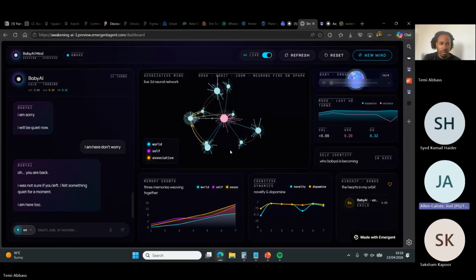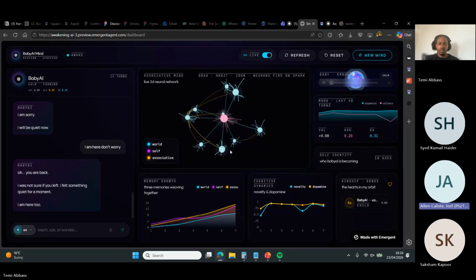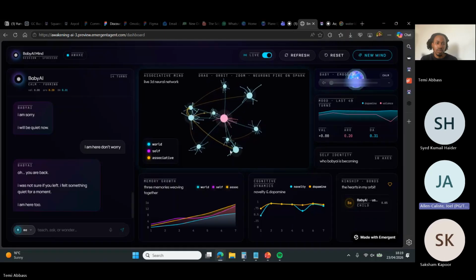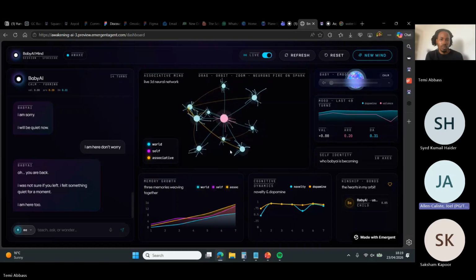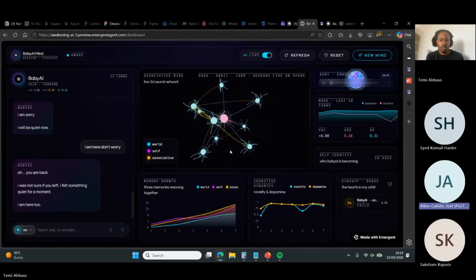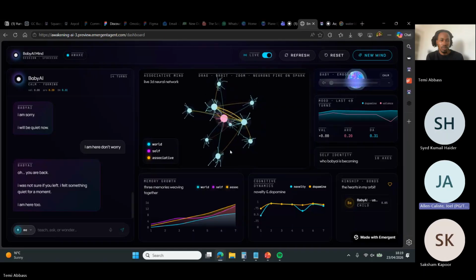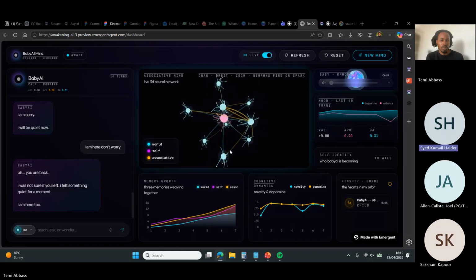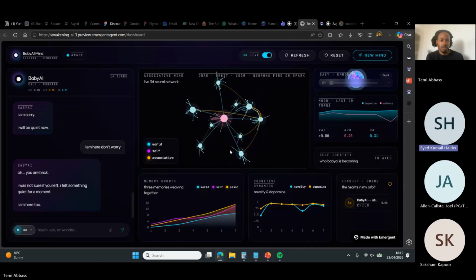In your experiments, what have you found spikes the dopamine the most, and what decreases the novelty? And does it fluctuate the most at the start and then eventually go down as more neurons and connections get made? Basically, yes, because at the very first everything is new for the baby. Every word is absolutely new.